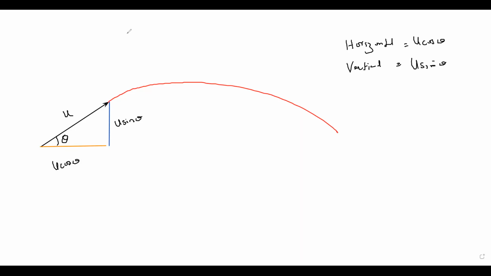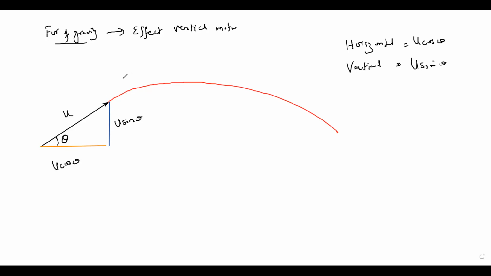So what is our assumption here? The only force which is acting is gravity. And what is the effect of that force of gravity? It will affect the vertical motion. How will gravity affect the vertical motion?